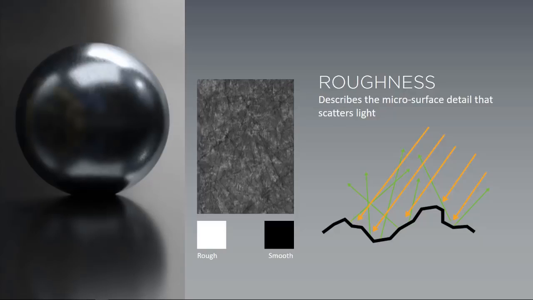This is really where we will need to go to control how much reflection appears on our material. Is that right? Yes, I think that's a good way to look at it because, like we said, this roughness is describing this microsurface detail. If it's more rough, it's going to diffuse the light more.